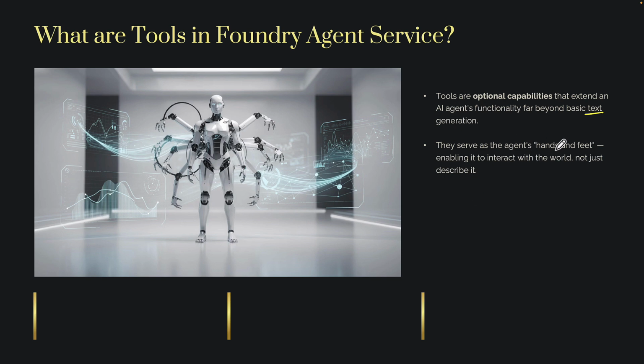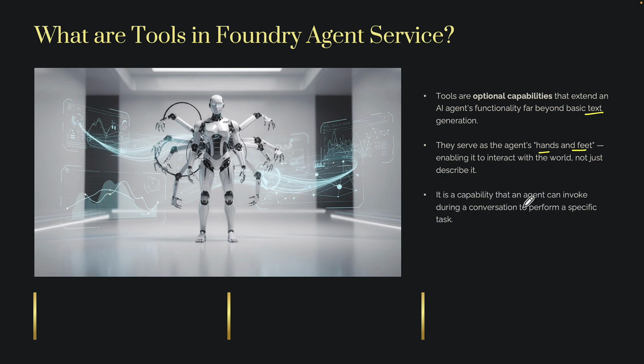They serve the agents as hands and feet, right? It is helping the agent to progress further and interact with the outside world, not just describe it. We will see what kinds of tools there are, but for the moment, just understand that tools give additional capabilities and more powers to your agent.